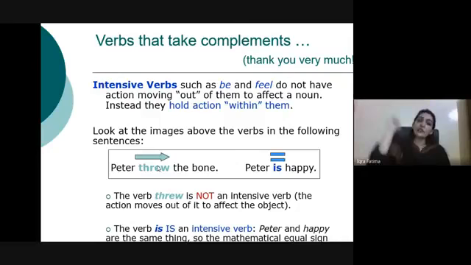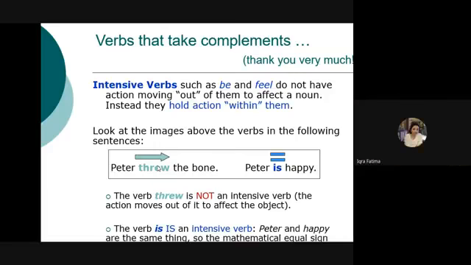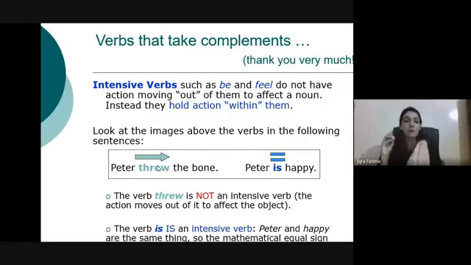You threw that ball. So the action of yours, in which you were throwing that thing, was performed on that ball. So that ball receives your action, because you perform that action on the ball. So this is an action word. If we talk about this sentence, Peter is happy.